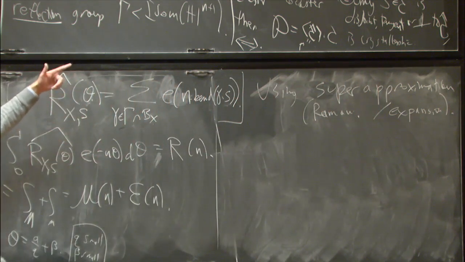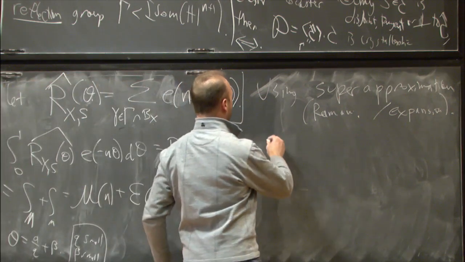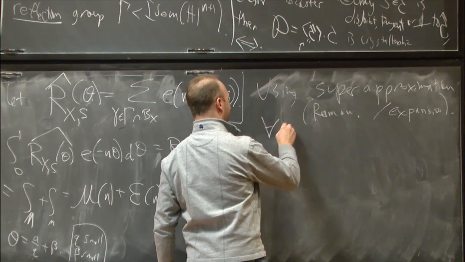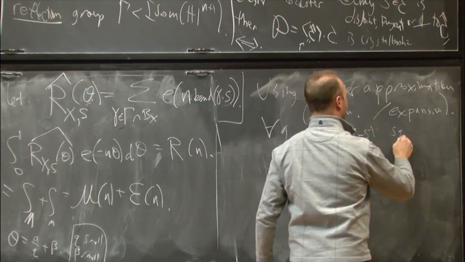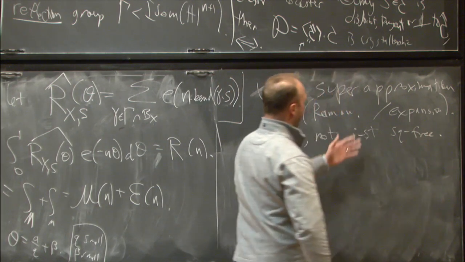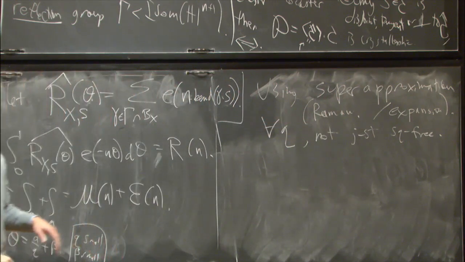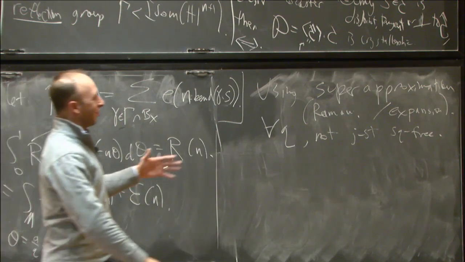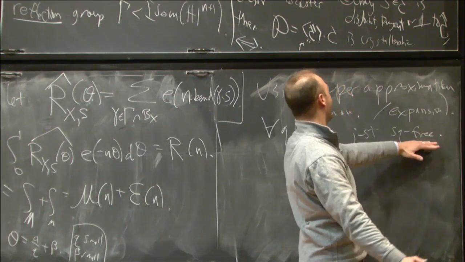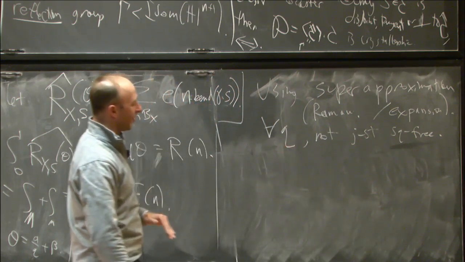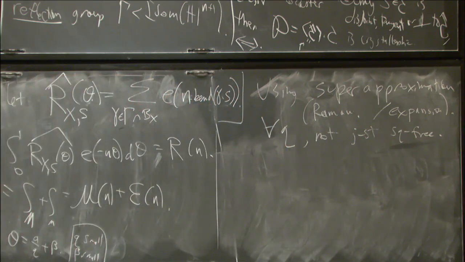In the Apollonian case, I should point out, we use super approximation for all Q, not just square free. The people that work on this expansion problem are very sensitive to the fact that in the general setting we can only do it for square free numbers, which is enough for sieving purposes. But for circle method purposes, we need all numbers.